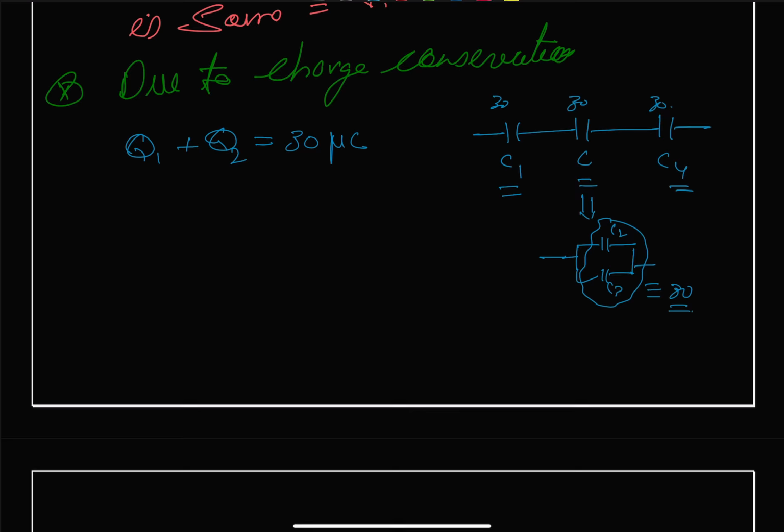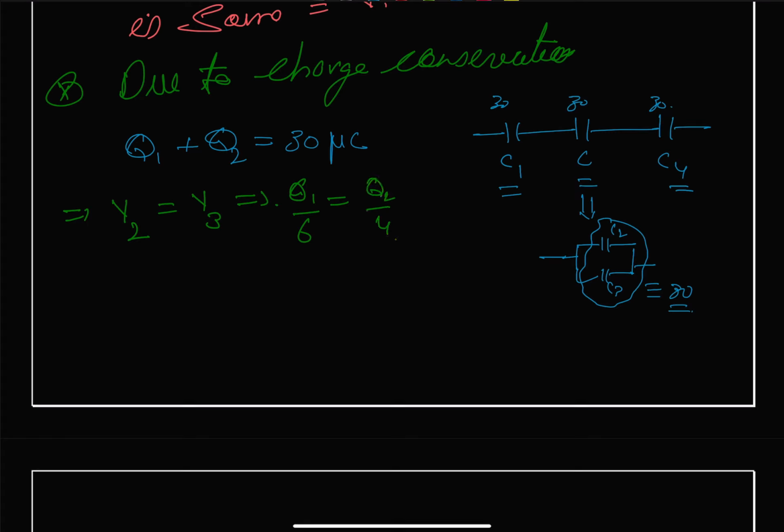And like I said, the voltage of C2 should be equal to the voltage of C3. So in terms of capacitance, we can say that Q1 upon 6 is equal to Q2 upon 4.